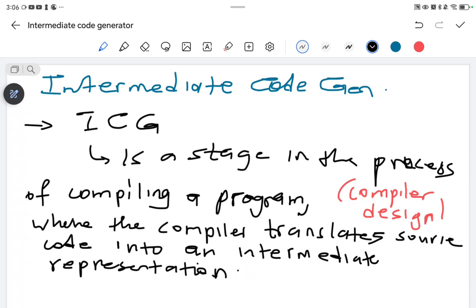This won't necessarily be the machine code, but it is way simpler than the high level code that we give to the computer. So the computer can more easily understand this code than the one that we give it.